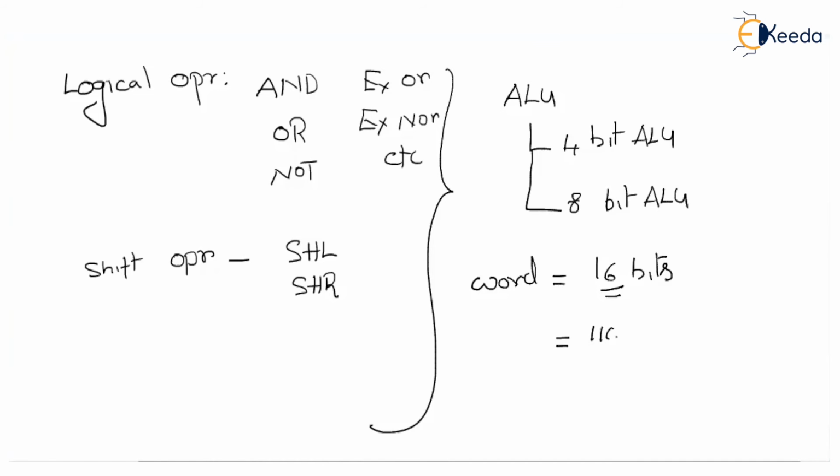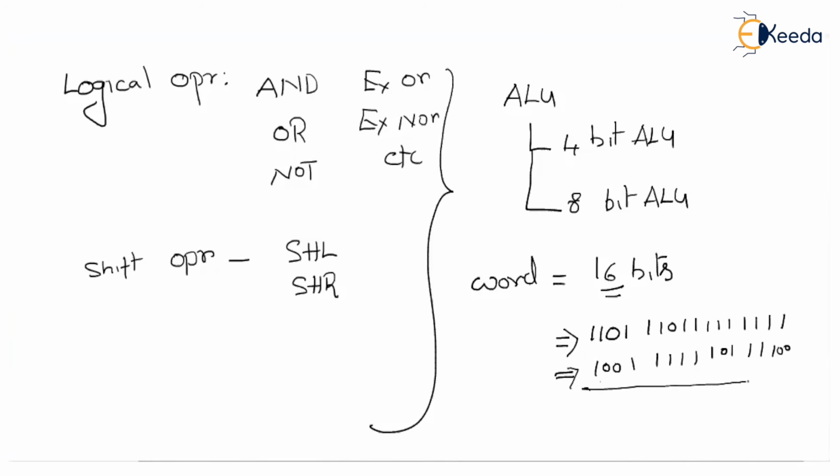Let me write it here. 1101, for an example, 1101, 1111, 1111. This is one 16-digit number. 1, 2, 3, 4, 5, 6, 7, 8, 9, 10, 11, 12, 13, 14, 15, 16. This is one 16-digit number, and there is another 16-digit number.